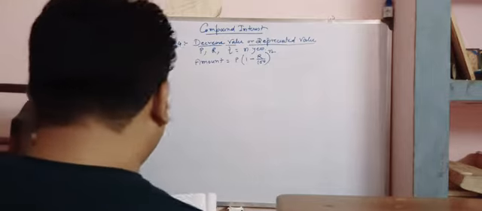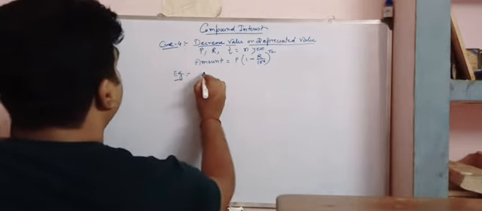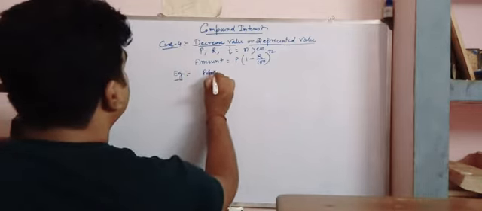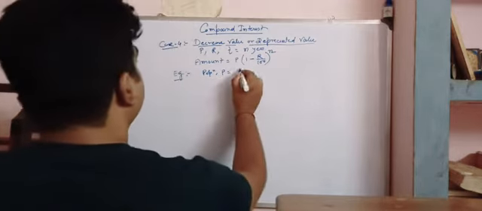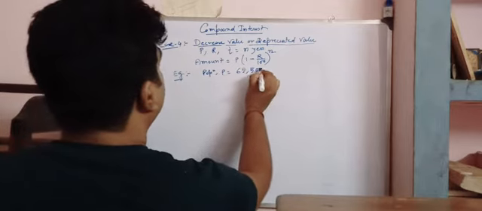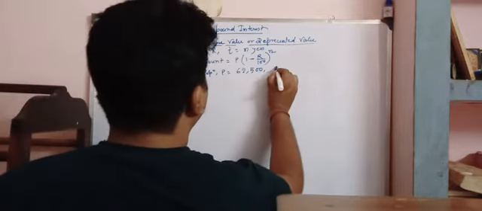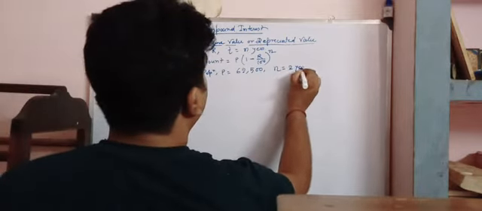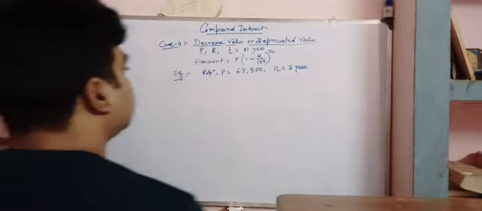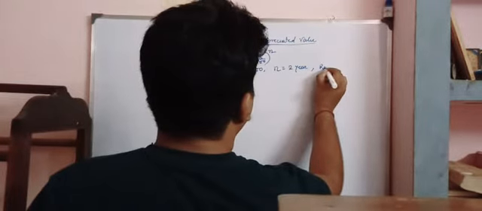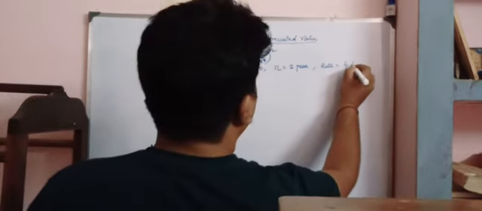Here, 2 years ago P was 62,500, and N is equal to 2 years, because 2 years ago is given, and the rate R is equal to 4% per annum.